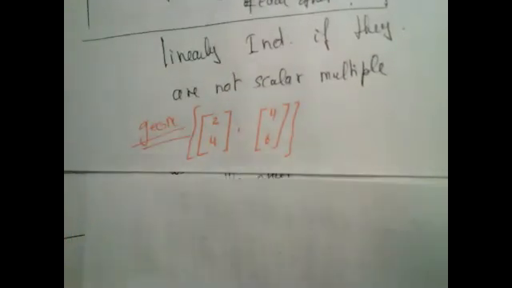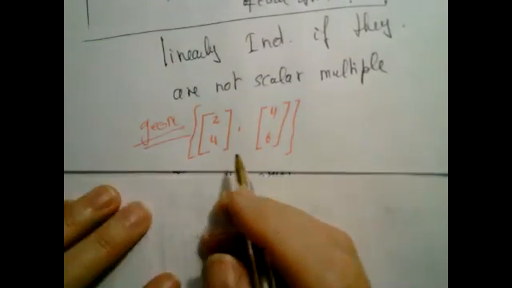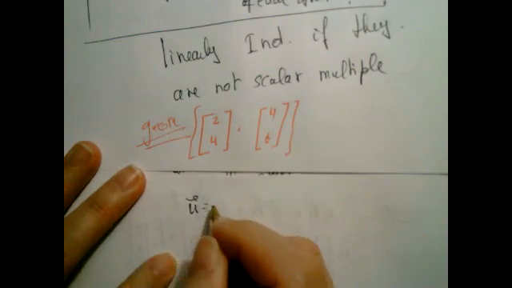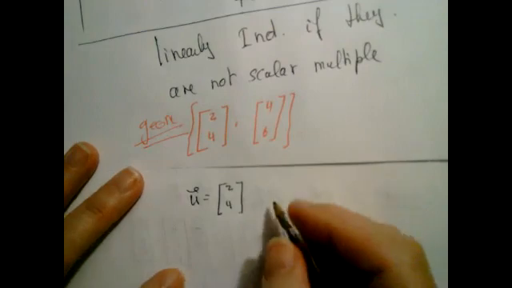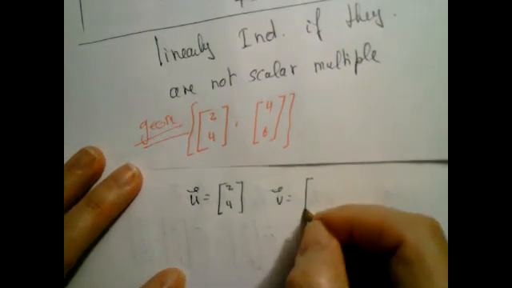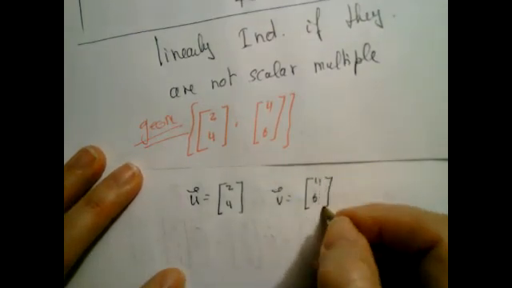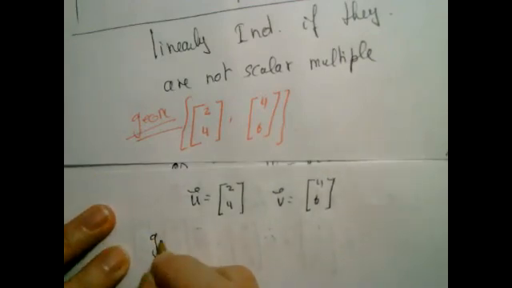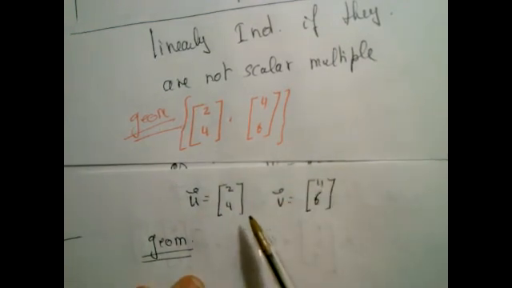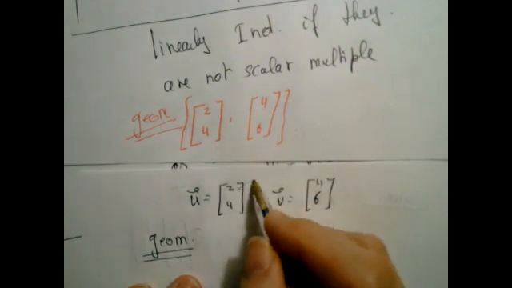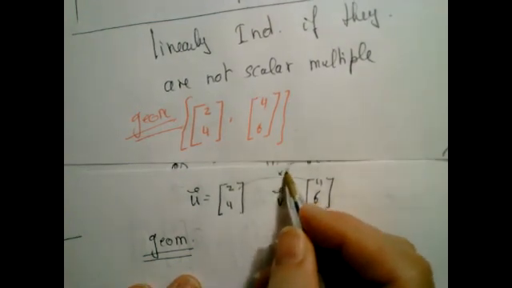Okay, so let's consider those two vectors. Let U be the vector 2, 4, and V the vector 4, 6. Geometrically, and then I'll do it algebraically, because most of the time we have to do it algebraically; you cannot do those things geometrically except simple stuff. Geometrically, are they linearly dependent or independent? From here to here, you multiply by 2.